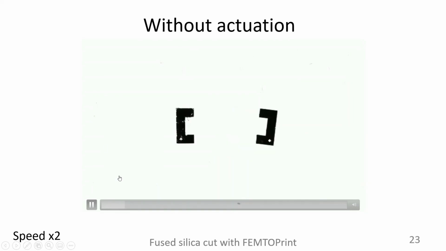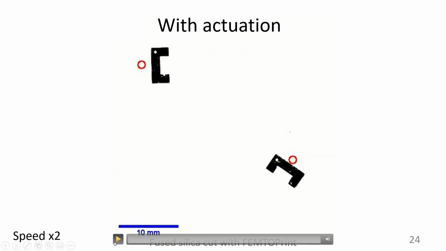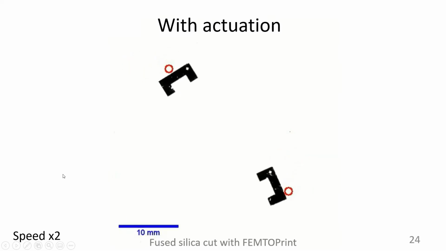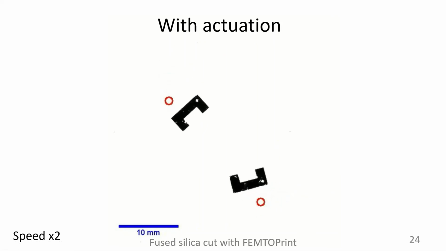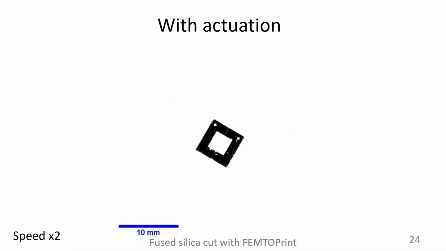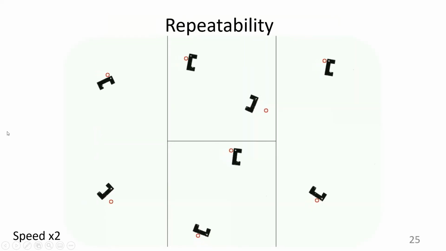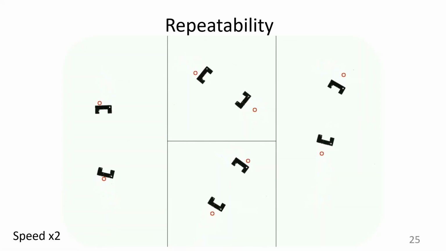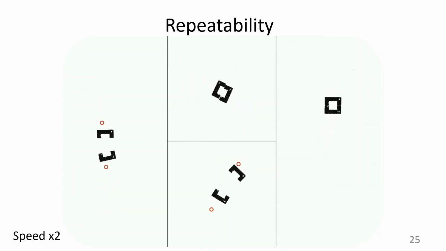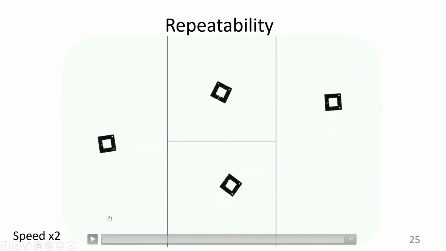But with the laser, we can drive it to form a square, which is not the most stable configuration, and this is very robust. It works all the time, unless the 2 particles were initially too close for the system to compensate. But we see that it's a very robust assembly.